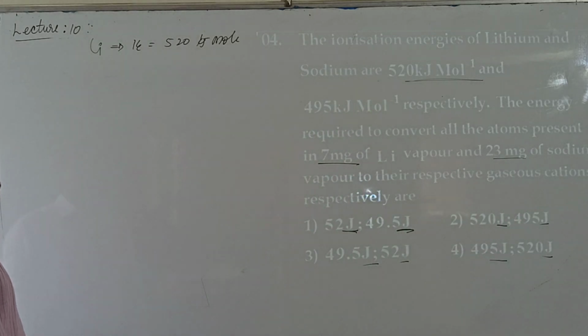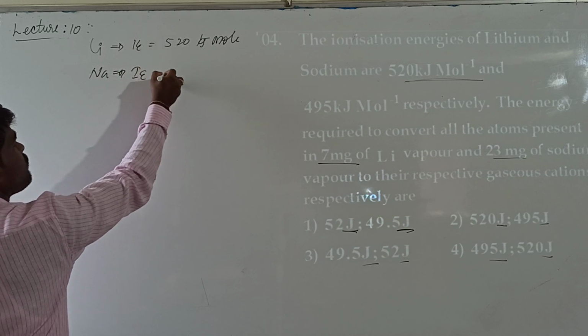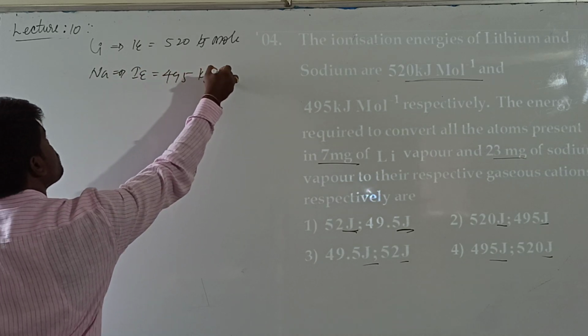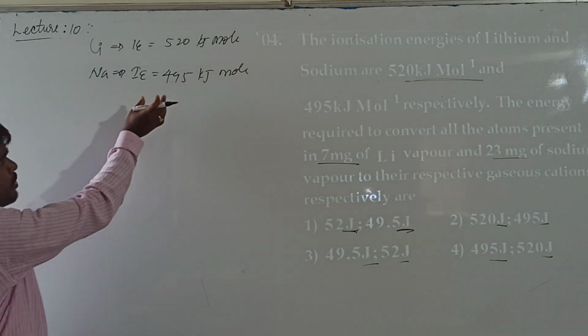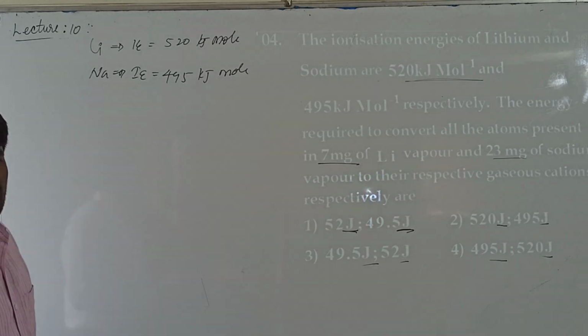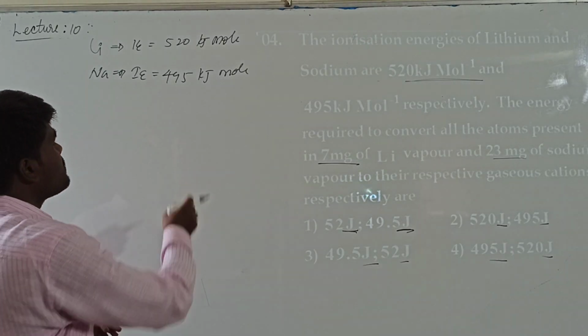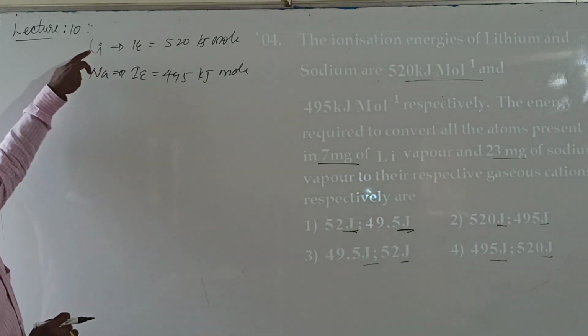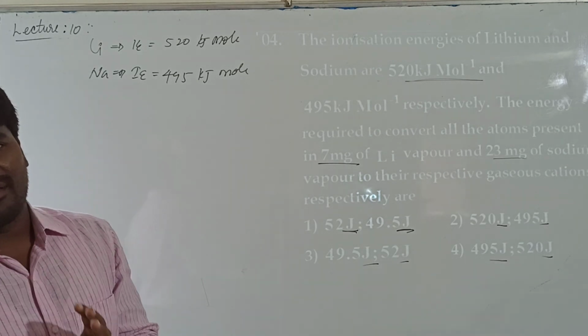Now let us try to understand what this means. The sodium ionization energy is given as 495 kilojoules per mole. What does this mean? This is the amount of energy required to convert 1 mole of gaseous sodium into the corresponding gaseous cation, and this is the amount of energy required to convert 1 mole of gaseous lithium into the corresponding lithium plus ion.